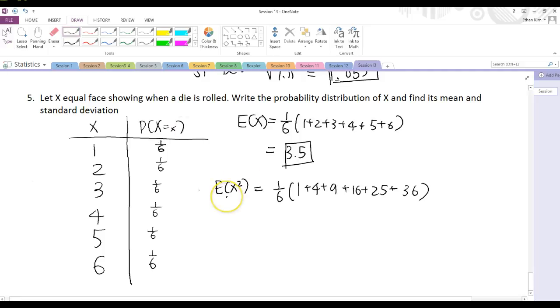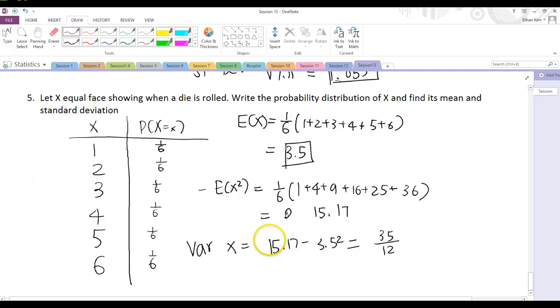And if you calculate this, you get approximately 15.17. And if you look for the variance of x, this is going to be the second moment minus the mean squared, right? And it comes out to be 35 over 12, which is about this, right?